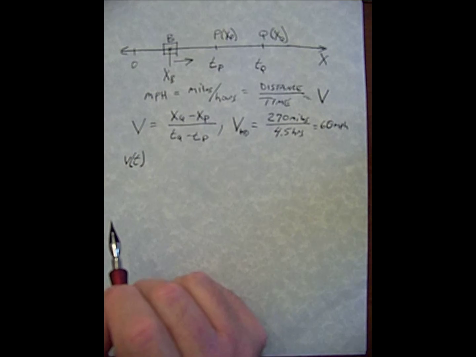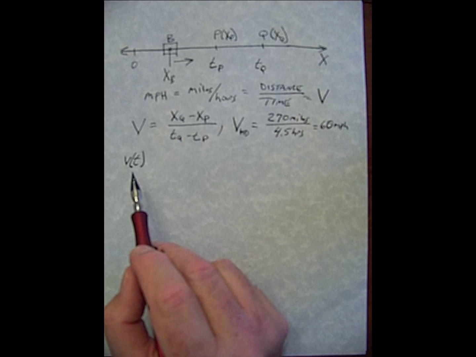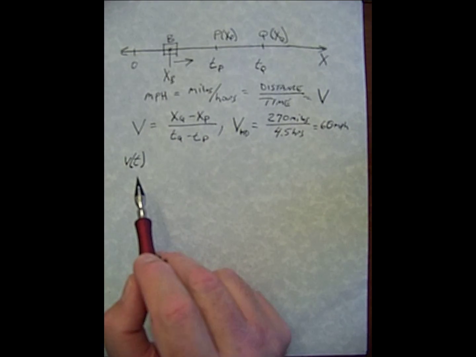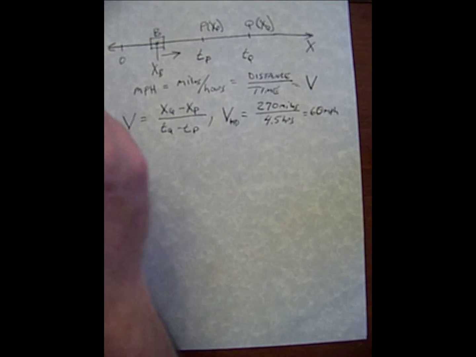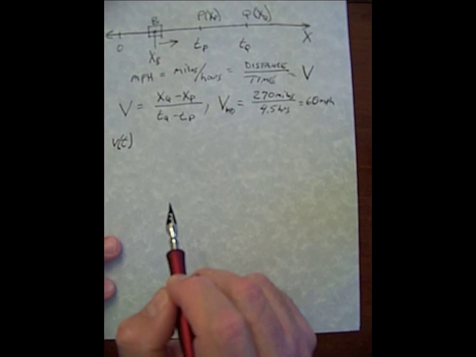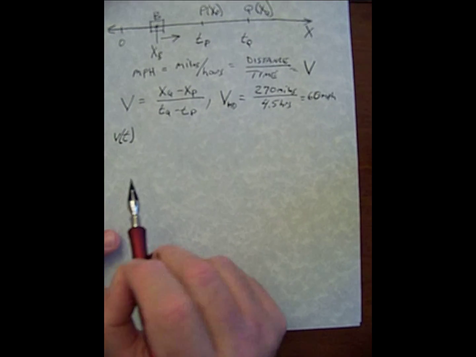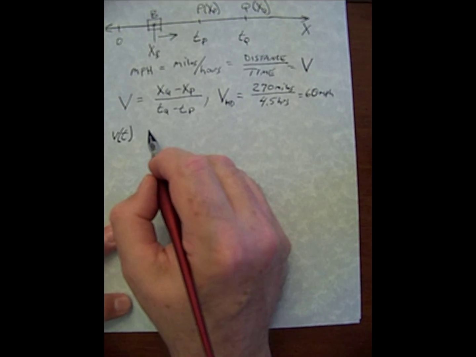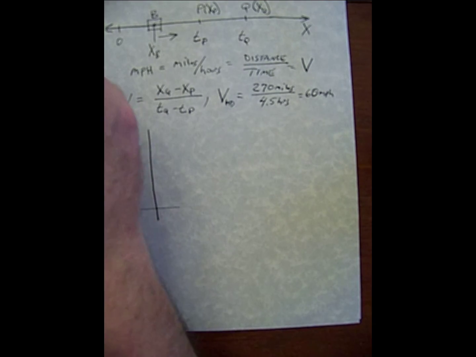And all that means is that as you're driving, as time passes, your velocity changes. You speed up, you slow down, and you stop, and you start, and so forth. So the way we're going to represent v sub t, the way we're going to look at it, is in a two-dimensional space.